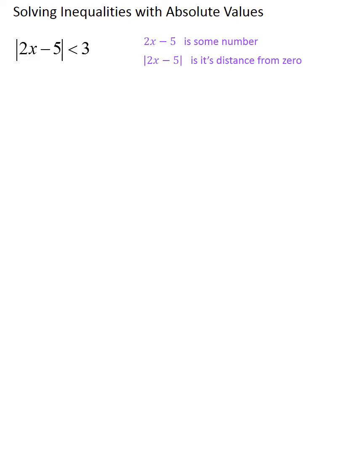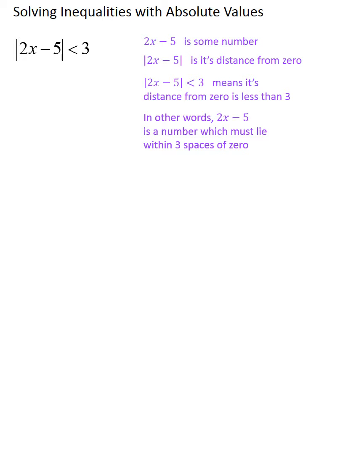The absolute value of that number means its distance from 0. And so this inequality is saying that that distance is less than 3. So 2x minus 5 is some number whose distance from 0 is less than 3.